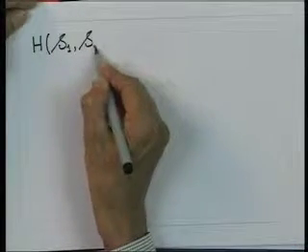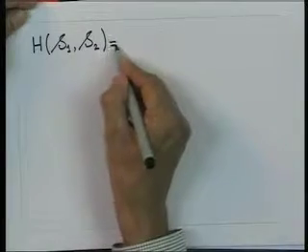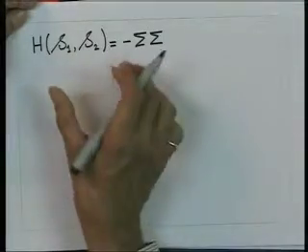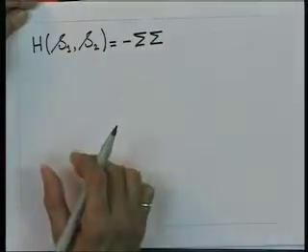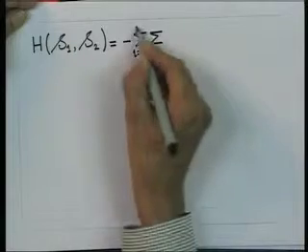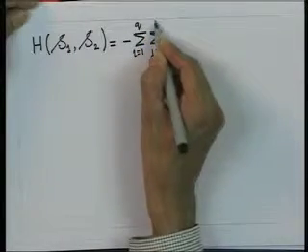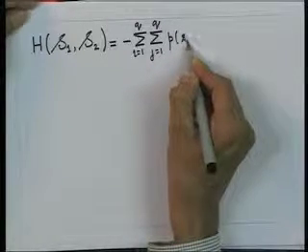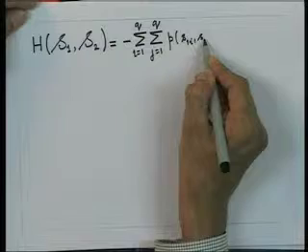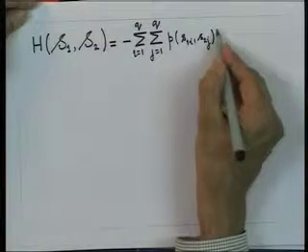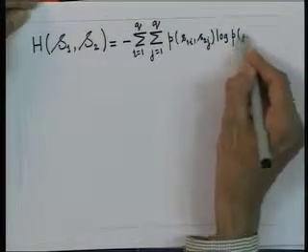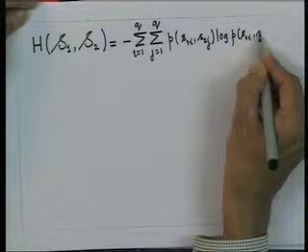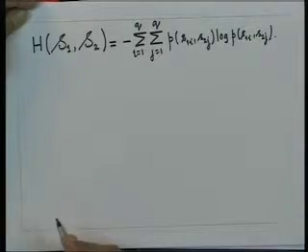S1, S2. This is the joint information which I will get from messages of length 2 would be sum over i is equal to 1 to q, j is equal to 1 to q, probability of S1i S2j log of probability of S1i S2j.